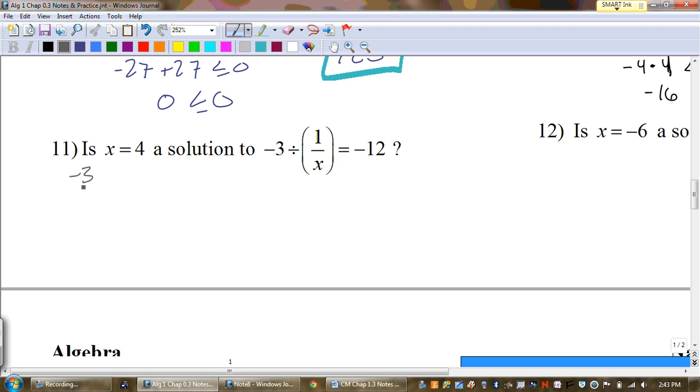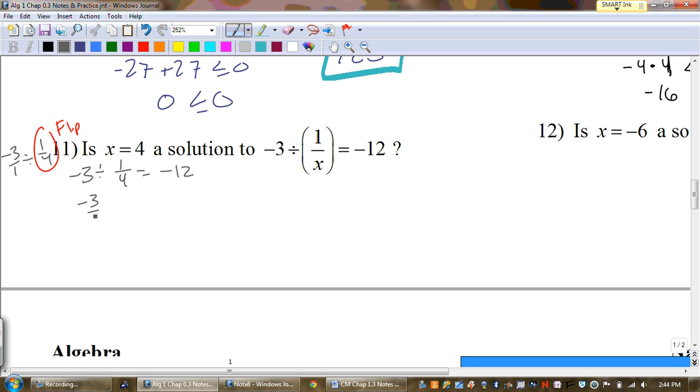So, divided by 1/4 equals negative 12. So off to the side over here, I know that I have to put that negative 3 over 1. And if we're dividing by 1/4, we're going to flip this, okay?